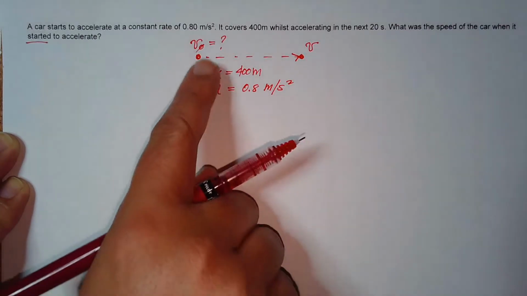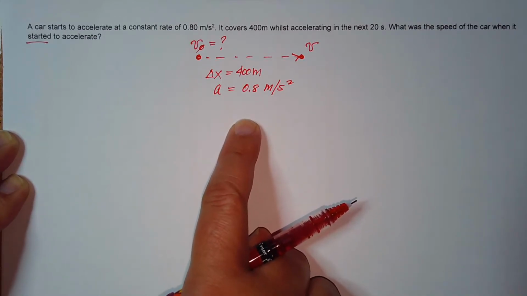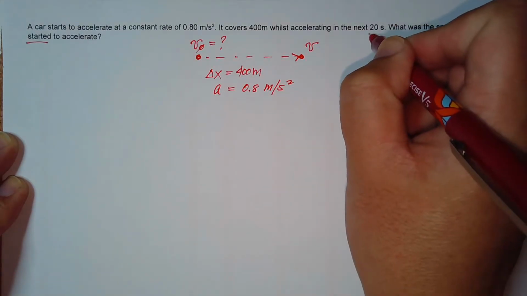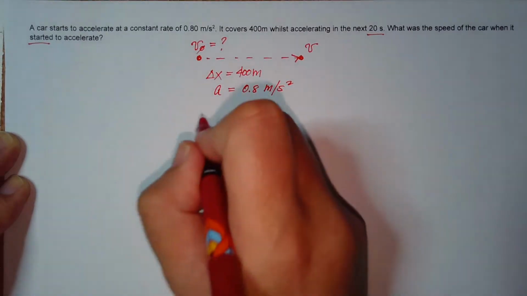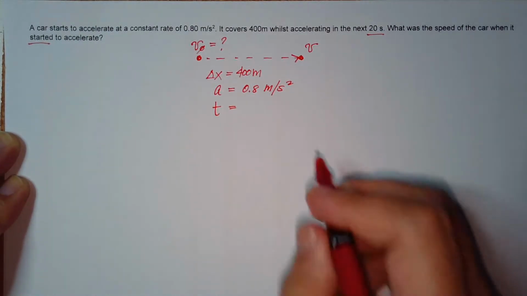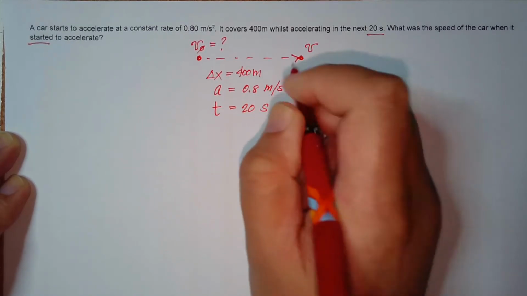We are solving not for delta x but for our initial velocity, v naught. What additional information is provided? It says something about 20 seconds, and 20 seconds represents time.